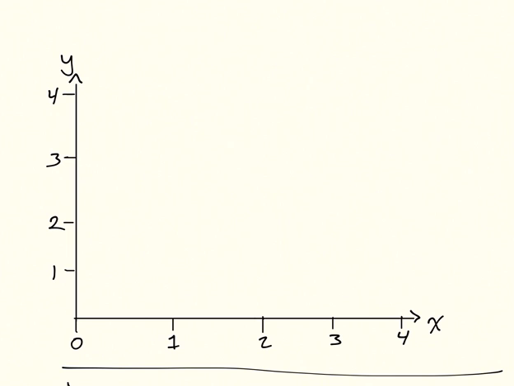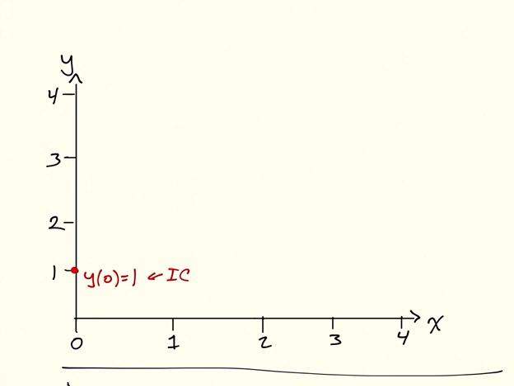Well, I told you we know a point. We already know a point. So let's start with that point. So at this location, 0, 1, we know our first point. So we know our solution goes through here. And we know that that point, y of 0 is equal to 1. And that's just our initial condition.